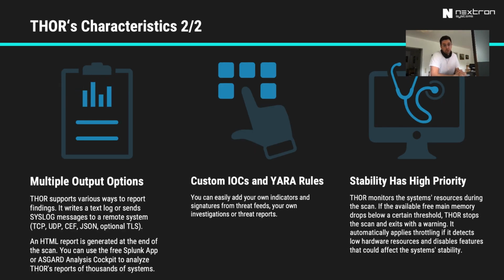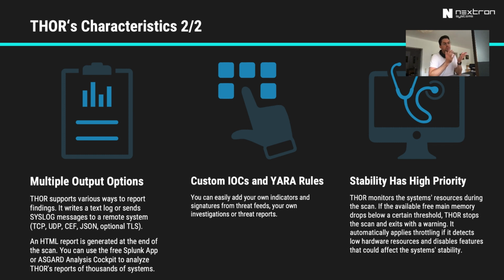We have multiple output options. All these are available in THOR Lite, so you can output everything that THOR reports as syslog to a syslog server, to your SIEM system, UDP, TCP. I'm not sure if we have already deprecated CEF for ArcSight systems, but this could happen in the near future.